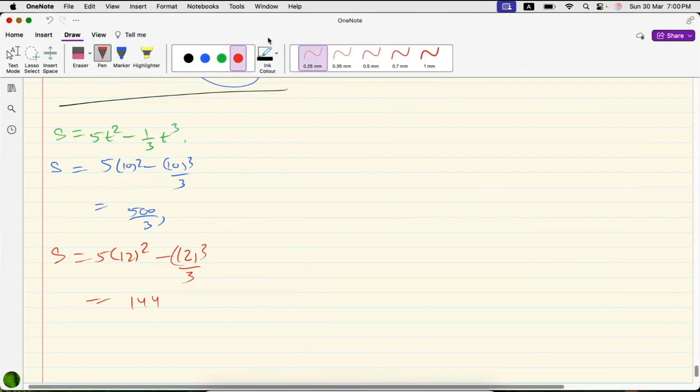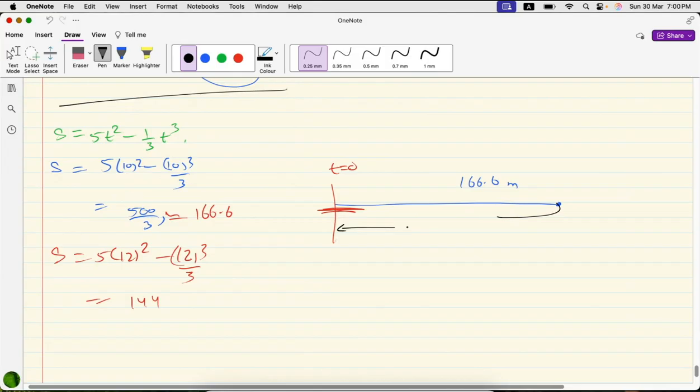See, 500 over 3 was approximately equal to 166.6. The particle started at time t equals 0, and at time 10 it was somewhere here, which is 166.6 meters away. Then at time 12 it was 144 meters away from the starting point. But the distance traveled is this in green plus this in green.